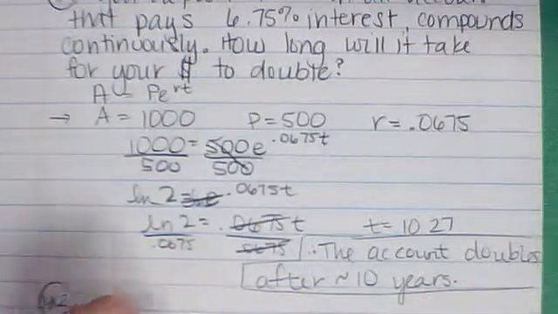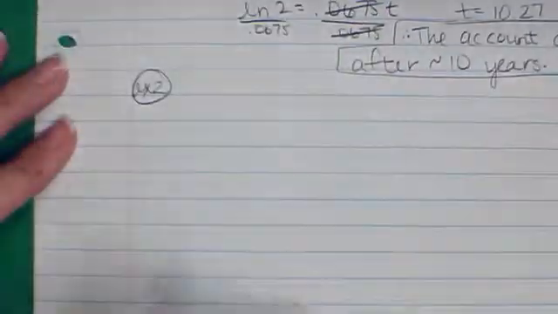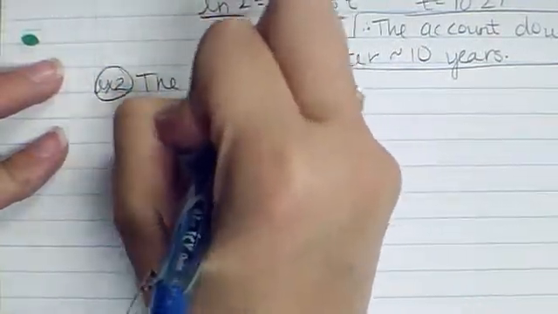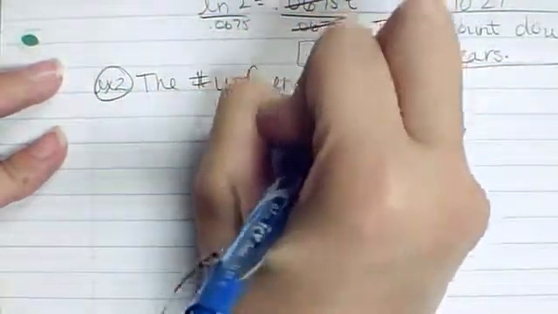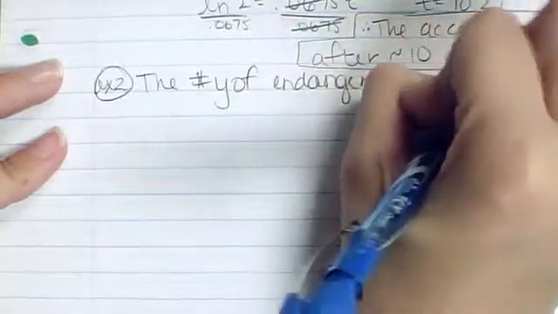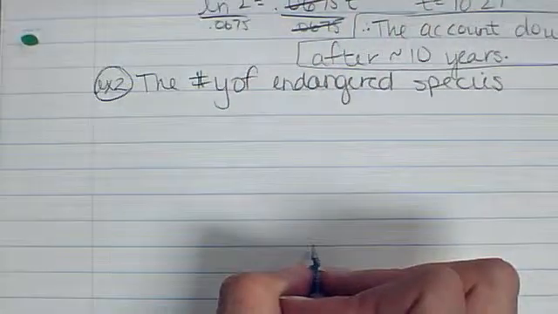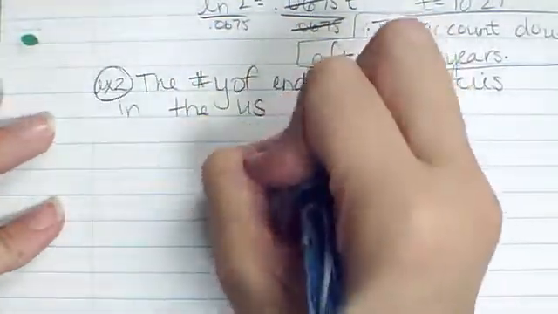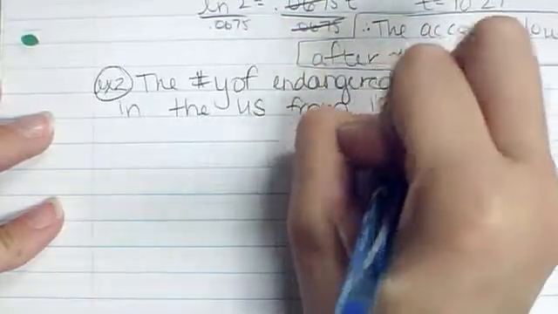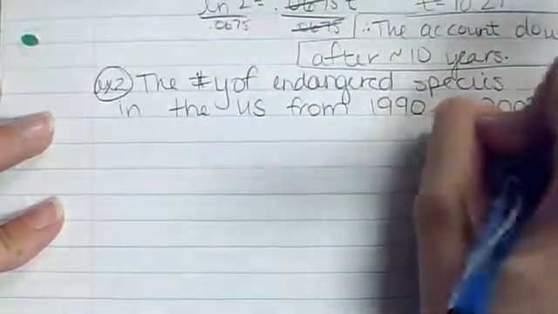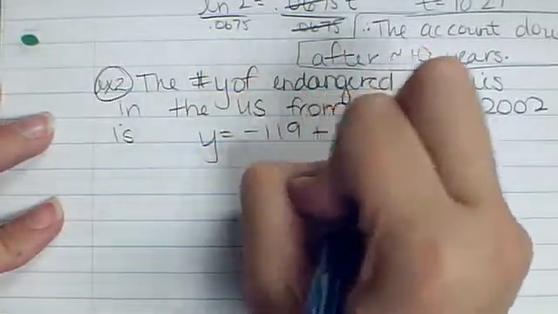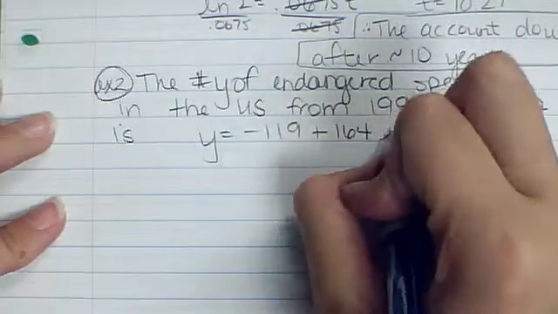Let's try one more example of when you would actually use this. Example number 2. Okay, this one's about endangered species. The number y of endangered species in the U.S. from 1990 to 2002 is y equals negative 119 plus 164 natural log of t.